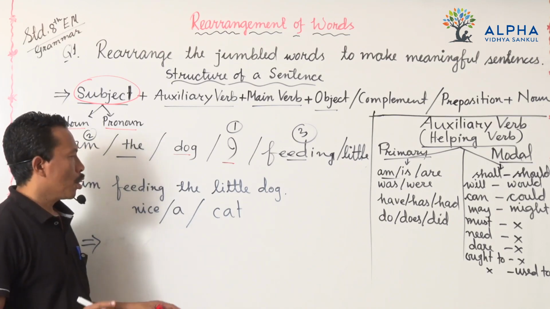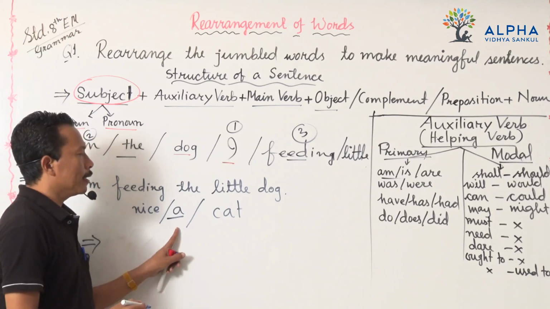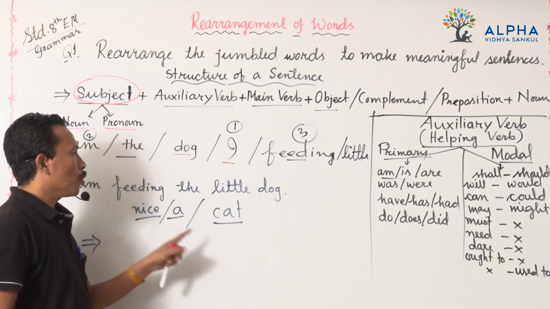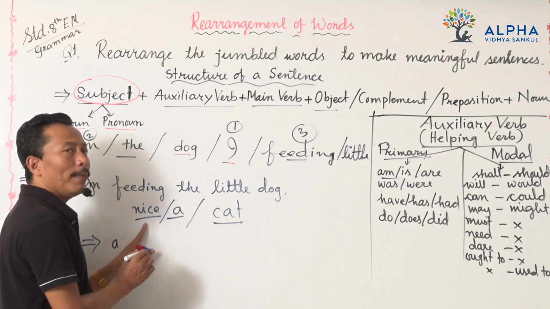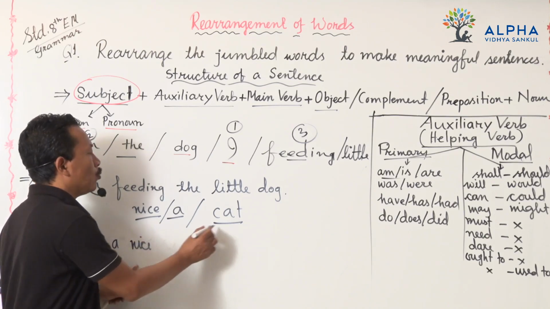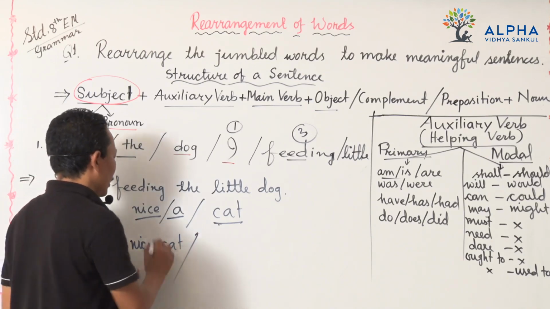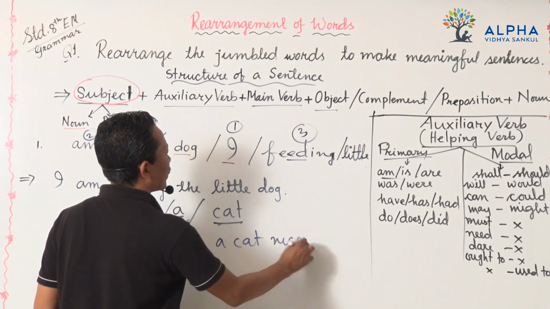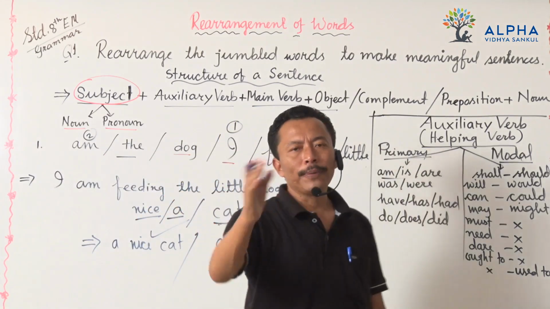Do remember, all the time, this is article, this is adjective, this is noun. So the article should be first, the next will be adjective, and the last one will be the noun. We will say a nice cat. This is right. You cannot say a cat nice, then it is wrong. The noun should be behind.